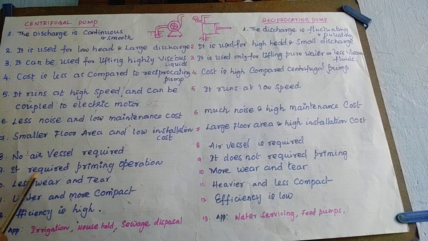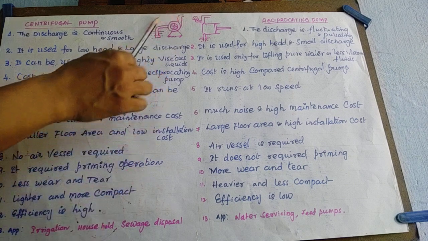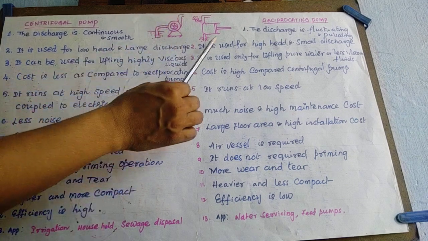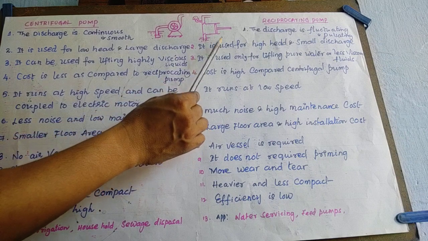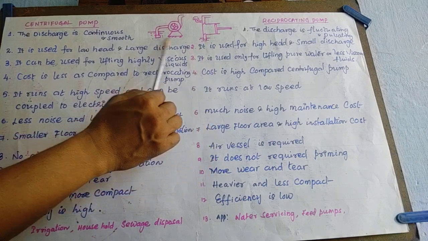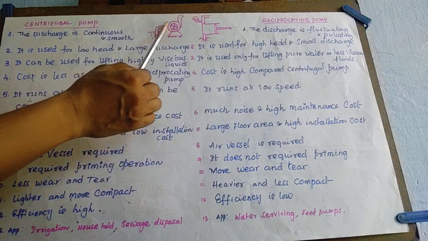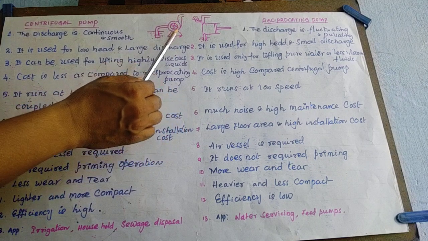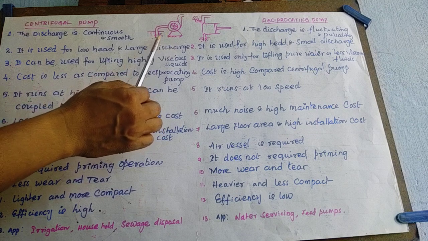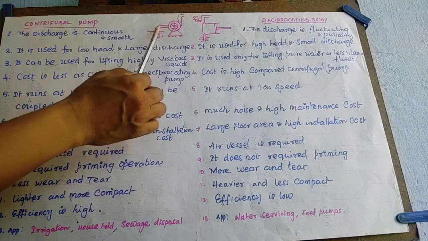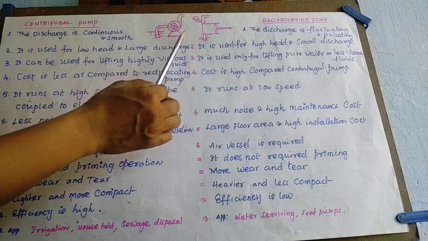Next point is whether it requires a priming operation. These pumps require priming operation, but reciprocating pumps have no need of any priming operation. What is priming? Priming is nothing but the filling of the suction pipe, impeller part as well as casing with water. Then only, when you start the motor, it will supply the water to the discharge pipe.